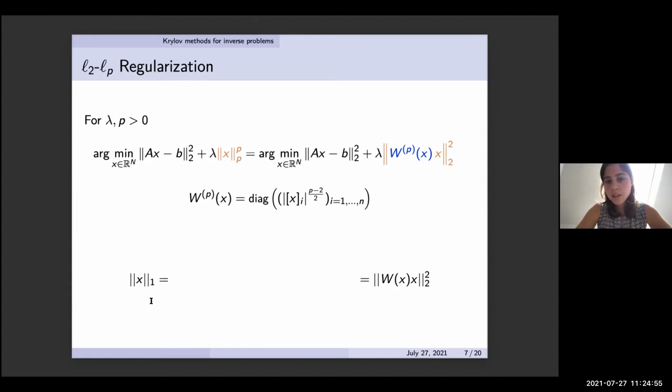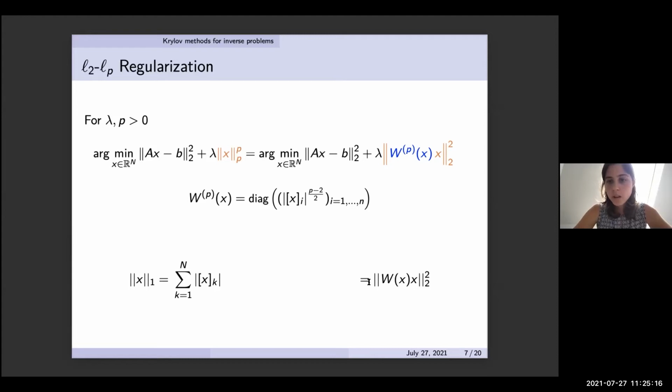I will give the example for the one norm, but that can be generalized to any p norm. I can define it like that, that's just the definition of a one norm. The idea is that I want to write it down as a reweighted two norm. So basically you have to fill in the gaps.